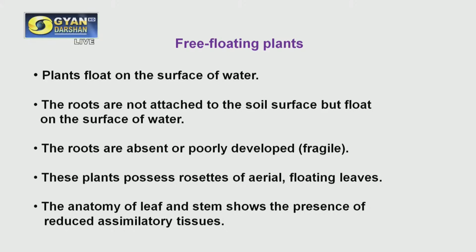In fact, the roots are actually absent, or the roots are very poorly developed, fragile roots. And they have a rosette of aerial floating leaves. Floating leaves. That's why I gave you the example of lotus.